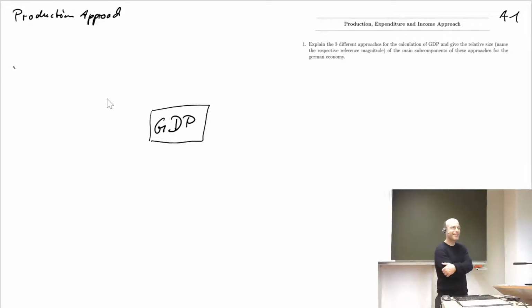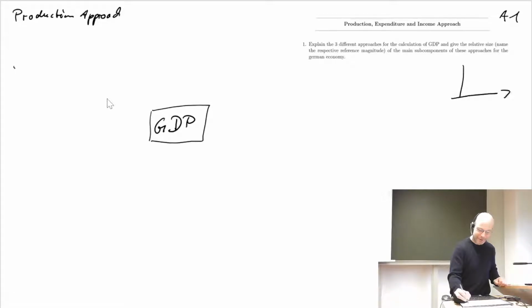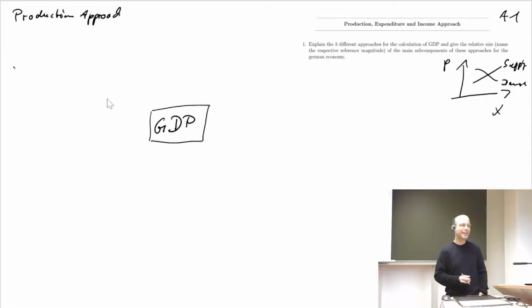The business side, yes, of course, but more conceptually. So to speak, if we are in here, so this is our market, and then we have supply and demand. So which side? Yes, of course.